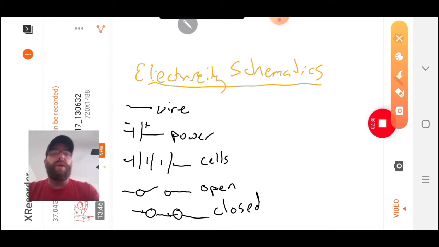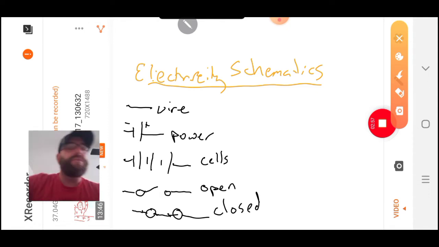You can see that the wires on the open one are not connected, so electricity can't flow through there. They have to be touching. So that's open or off. On the bottom one under closed, the electricity is touching from one side to the other, so it's closed or turned on. If your light's turned off in your bedroom, it's open. If your light's turned on in your bedroom, that's closed.